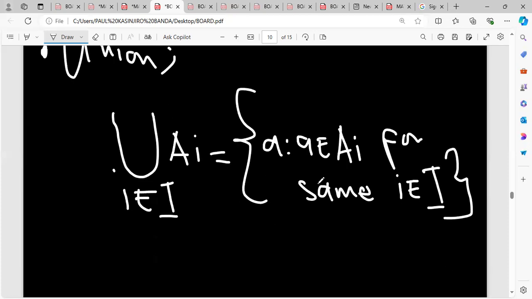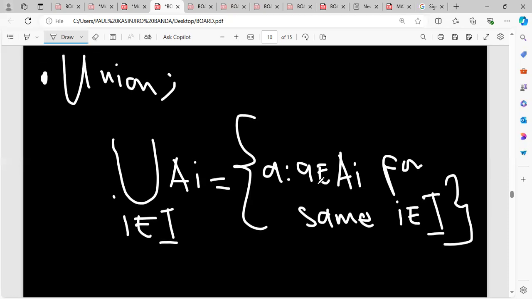This is the definition of the union for an indexed family of sets.